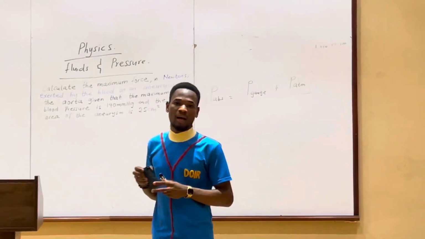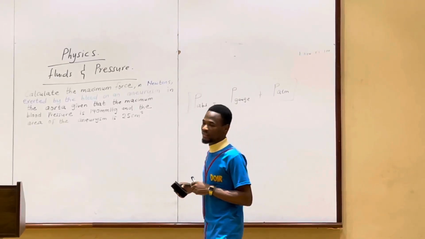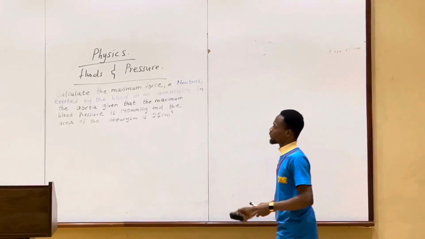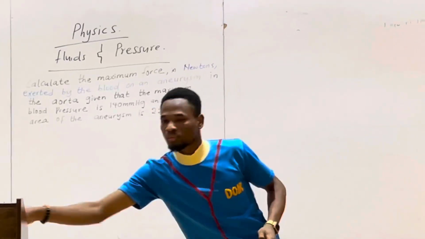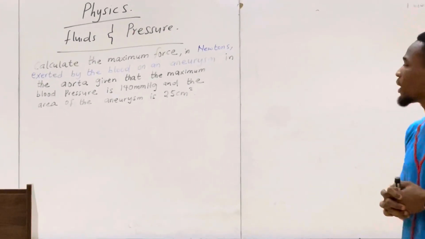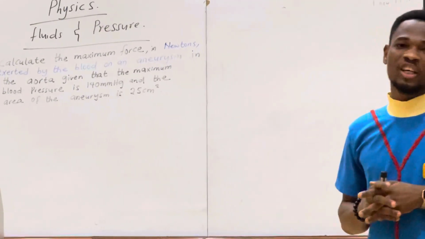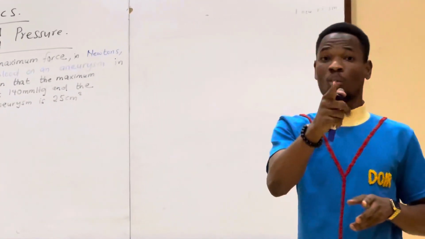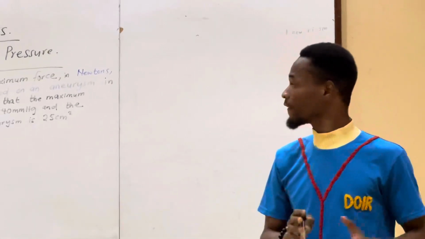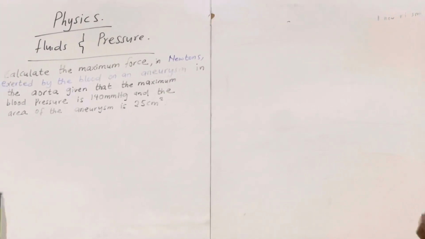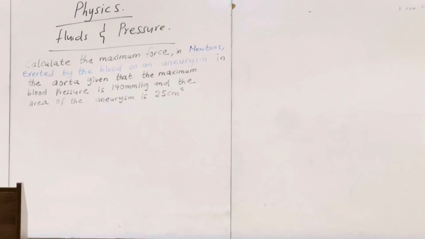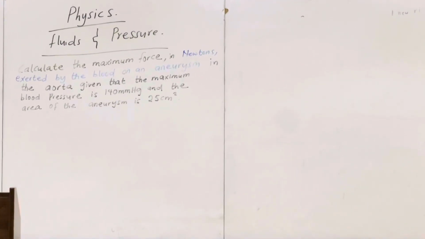Now let us consider a question. Calculate the maximum force in newtons. They say you are questioning in newtons, not in any other units. In newtons, exerted by the blood on an aneurysm in the aorta.